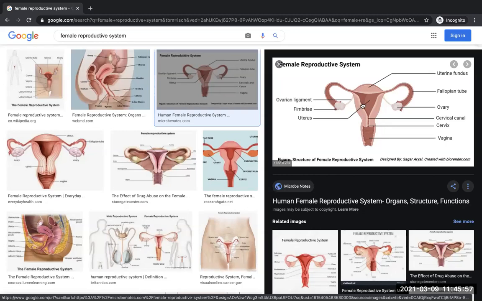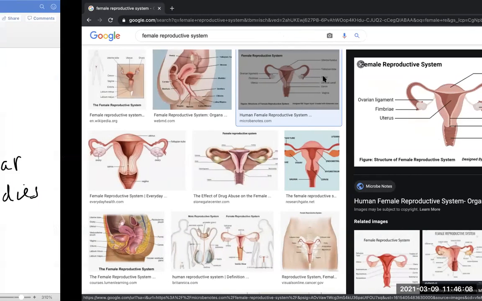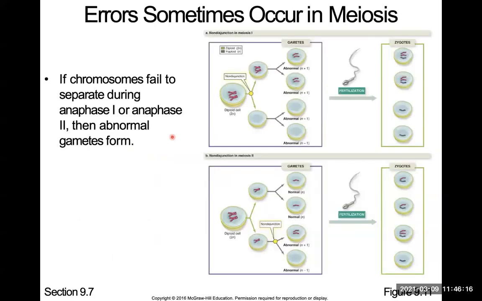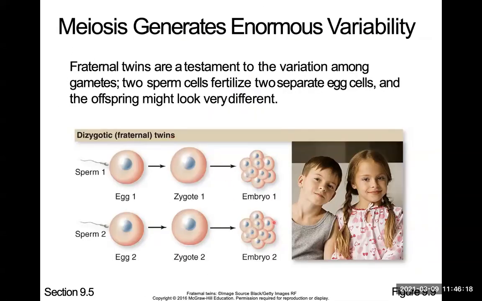So it is possible to have twins that are fathered by different people. So sometimes that happens. But today we're only talking about fraternal twins and the identical twins. And if there are twins that are fathered by different people, they are going to look completely different.